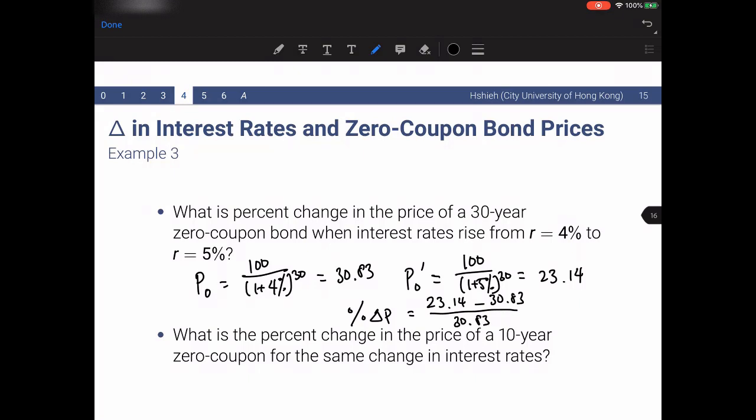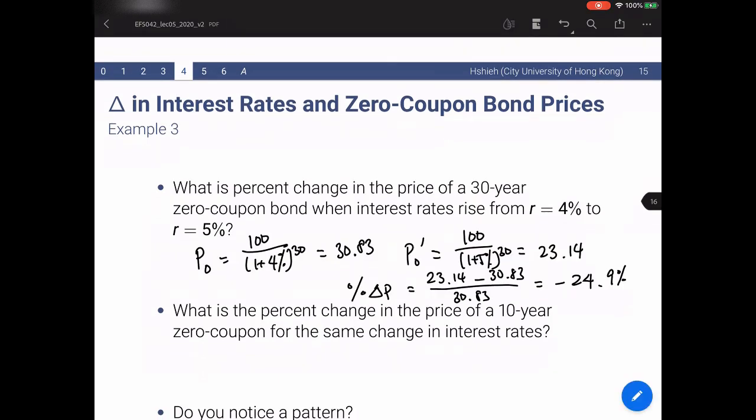And this should give us a decline of negative 24.9%. So what we just did in this first bullet point is we took a 1 percentage point change in interest rates to come up with the sensitivity of the bond price reaction. And we calculated by hand that the bond price has decreased by 24.9% in response to a 1 percentage point increase in interest rates.